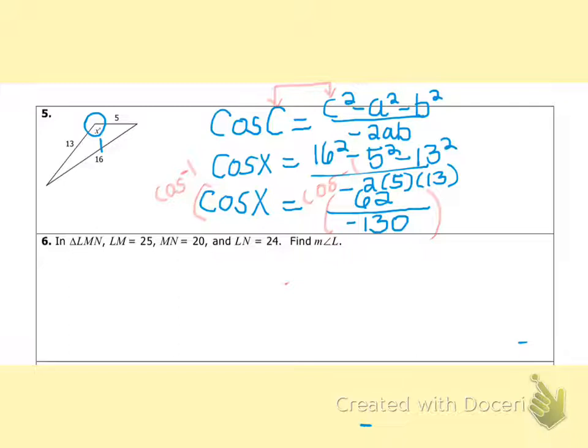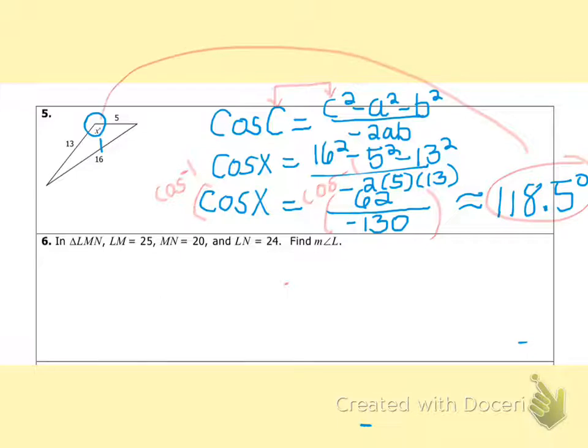The 62 divided by negative 130 has to be in parentheses, just like this. Type it in exactly how I have it here, and that should tell us what our angle is. When I did that, I got approximately 118.48, so about 118.5 degrees to the nearest tenth. And that is definitely a very reasonable number given the triangle that we have here.